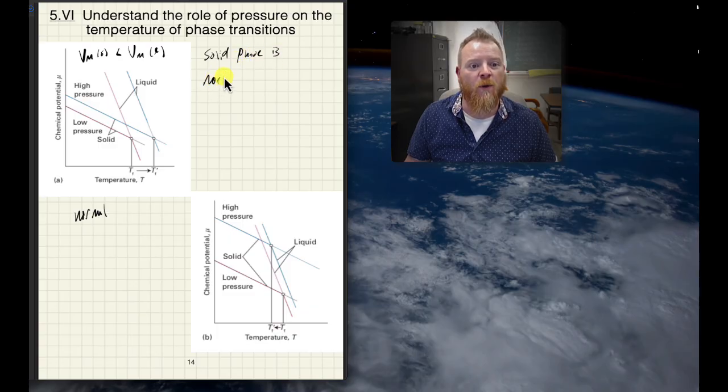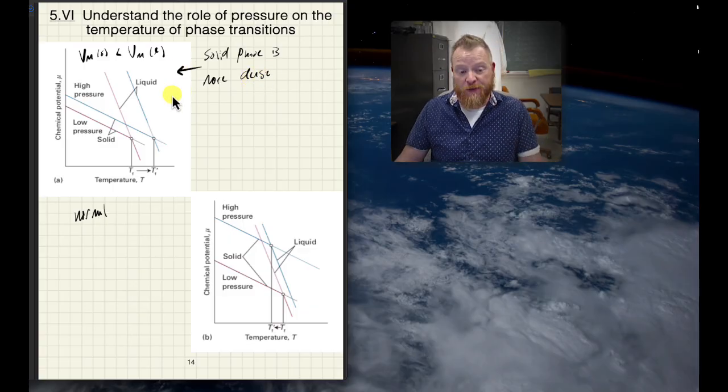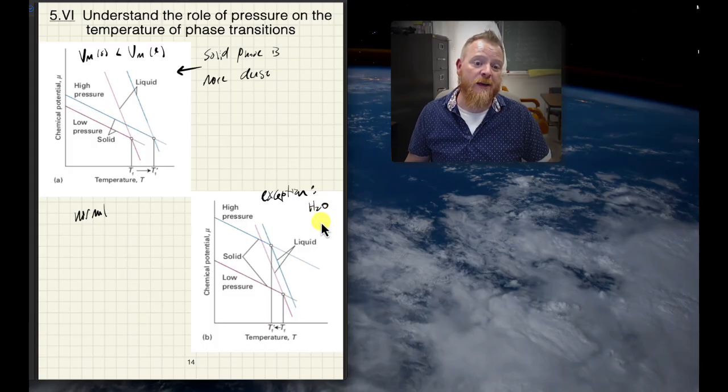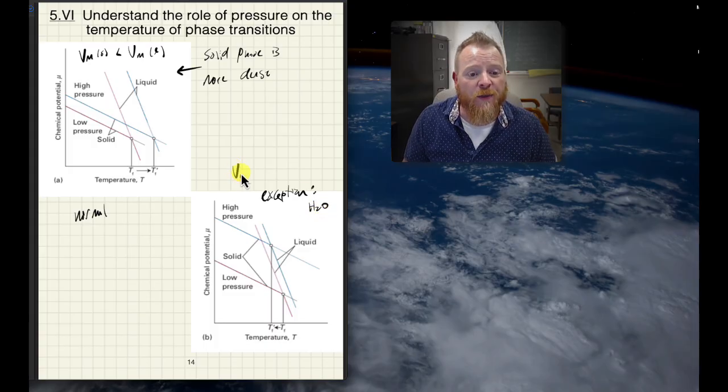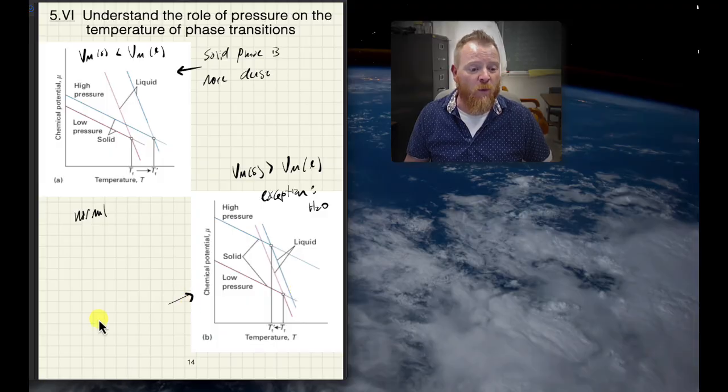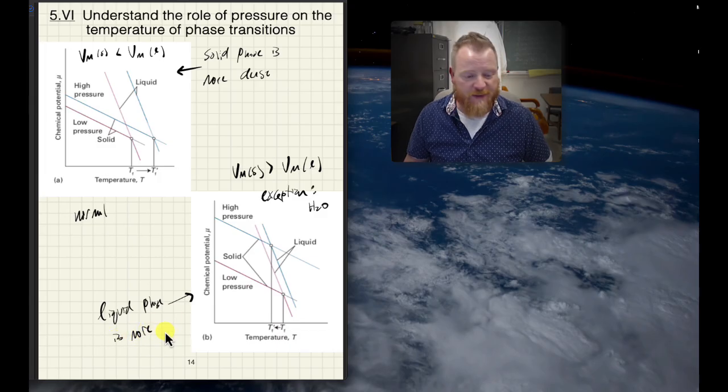This is the case with most materials. However, our exception to that is water. With water, the molar volume of the solid is actually greater than the molar volume of the liquid, or in other words, the liquid phase is more dense.